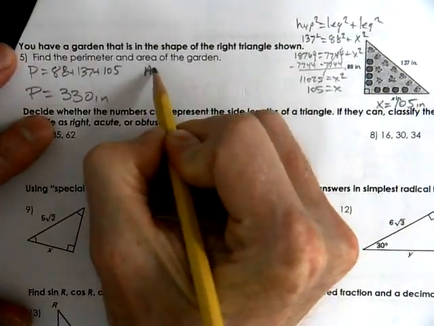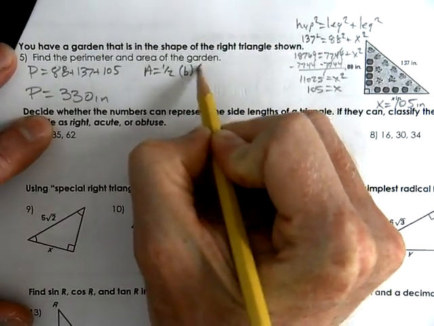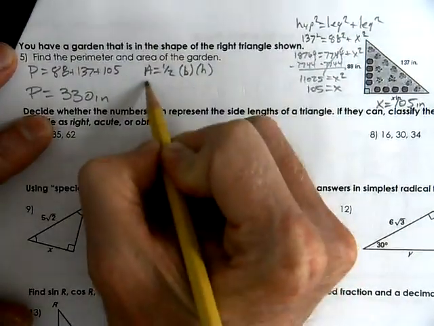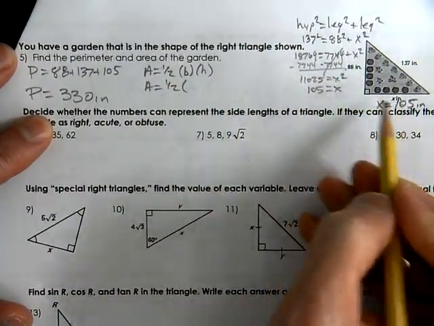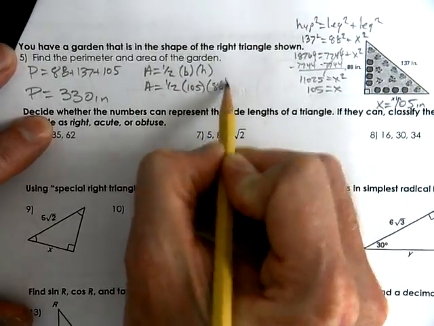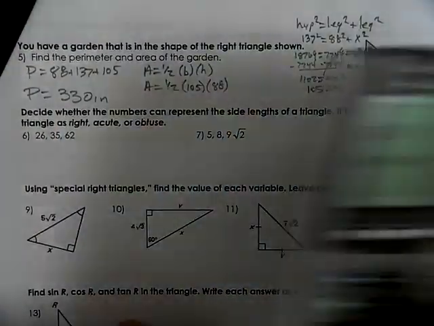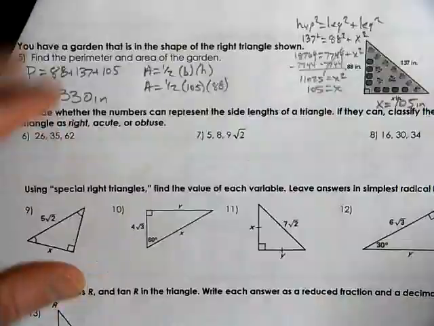Then we have an area. This is a triangle, so it's half a base times height. So our base and height have to be perpendicular to each other. It doesn't matter which is which. So if we want to say 105 times 88, we can do it that way.